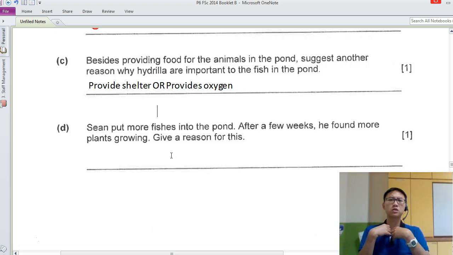So let's think, what do fish do? Well, they breathe in oxygen, they breathe out carbon dioxide. Is carbon dioxide useful for plants? Yes, it is, because the plants will need the carbon dioxide to make food.